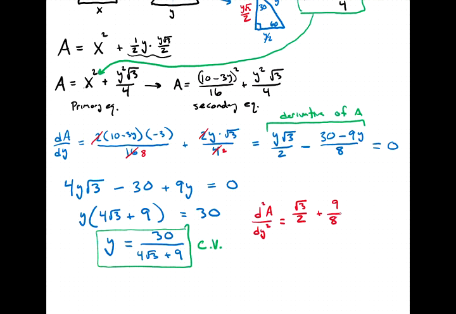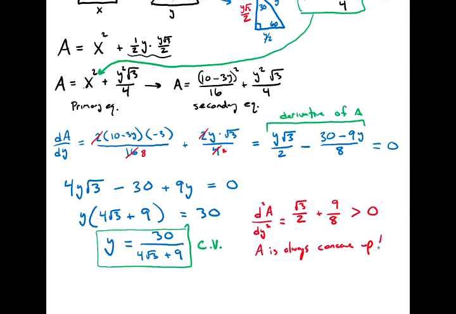So the second derivative is constant. And the second derivative is positive. So the function for A is always concave up.